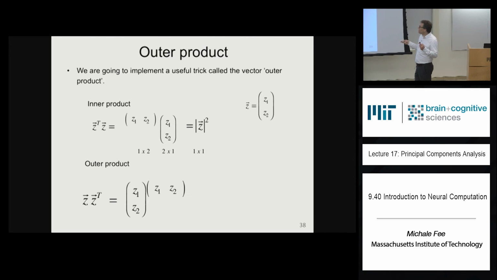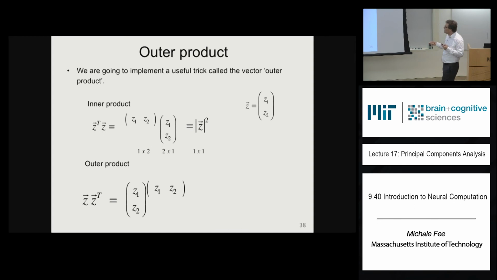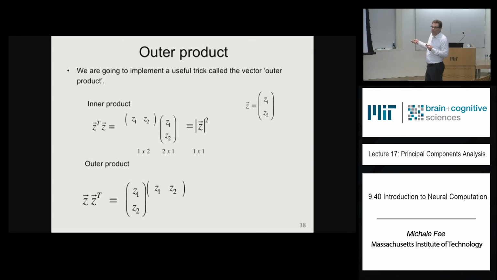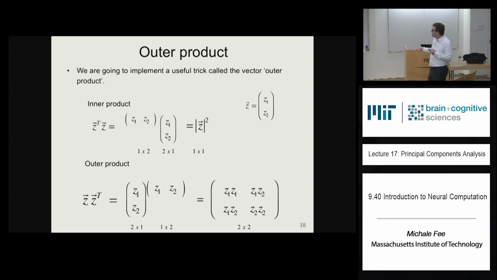There's another kind of product called the outer product. Remember that? So the outer product looks like this. A row vector times a column vector is equal to a scalar: 1 by 2 times 2 by 1 equals 1 by 1. But 2 rows, 1 column, times 1 by 2 gives you a 2 by 2 matrix that looks like this: z1 times z1, z1 z2, z2 z1, z2 z2.